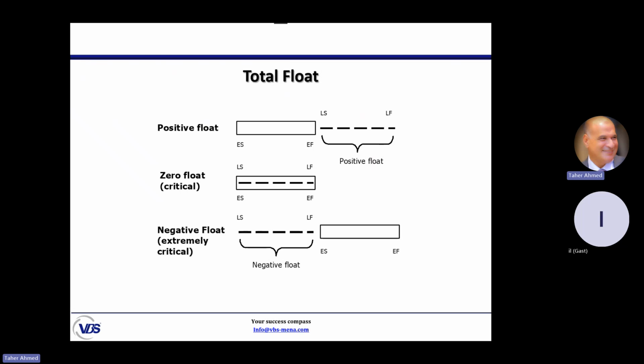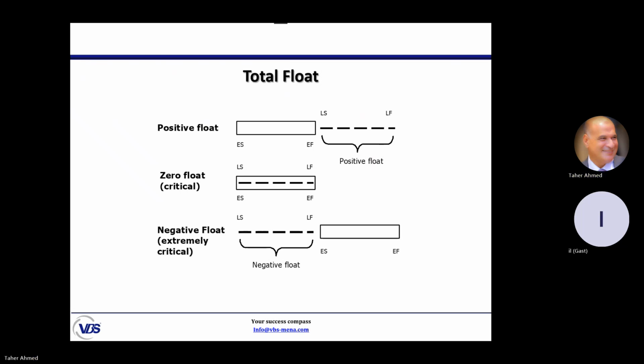Late minus early could be 0. In this case, the activity is critical. Or the result could be negative, where early is higher than the late. In this case, it is already extremely critical. It has a delay.